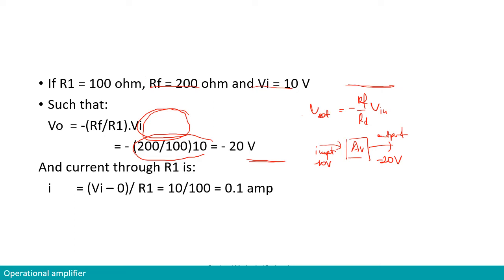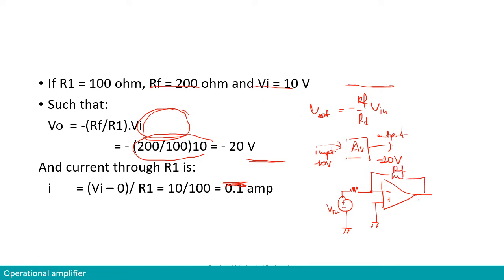And how about the current? This is a simple exercise. If you want to find the current across R1, the resistance we put at the inverting terminal, let me redraw it.